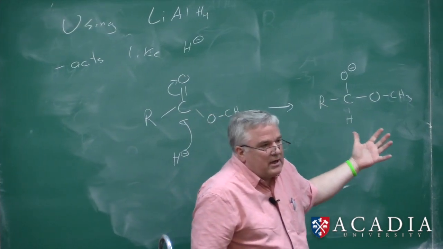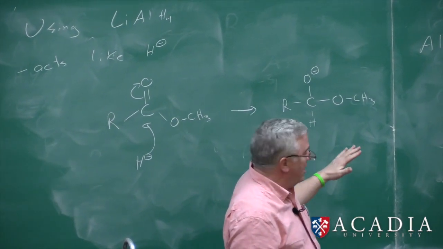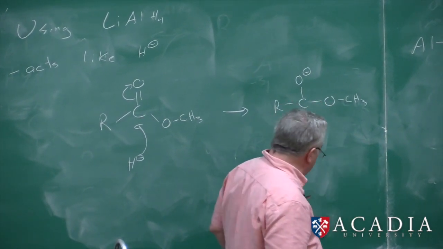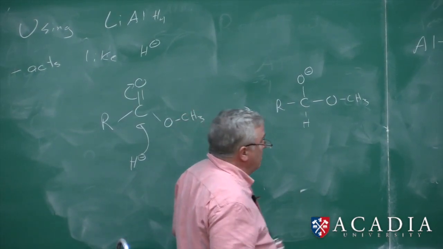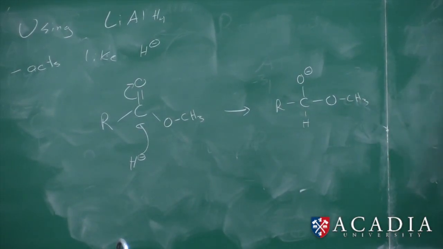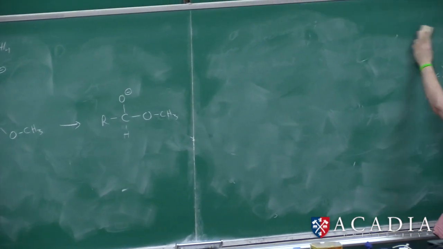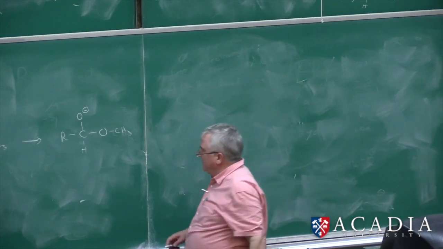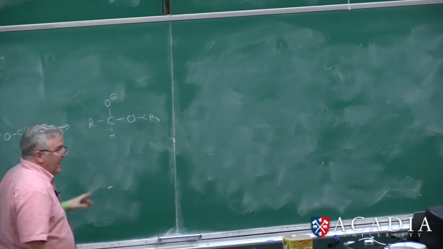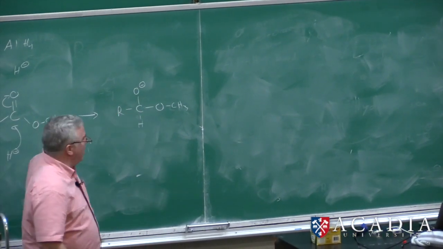Now this thing can do something that's slightly different. We're going to see this particular mechanism a little bit later when we talk about esters specifically. This can actually eliminate a portion of the molecule.